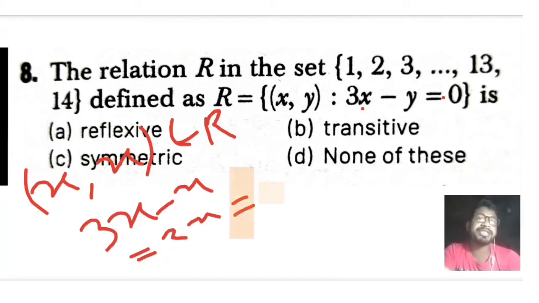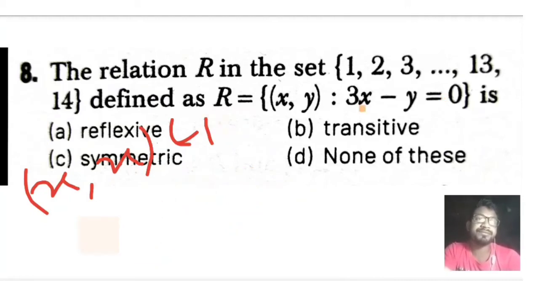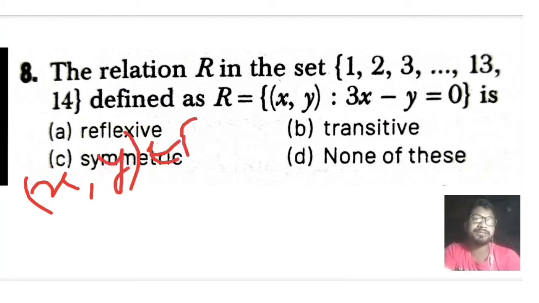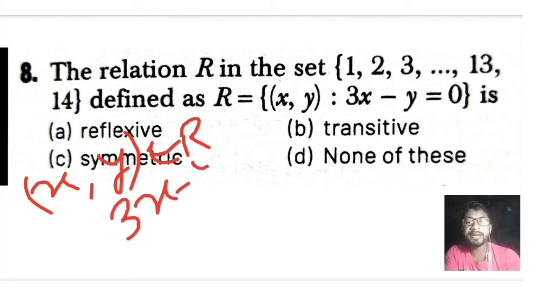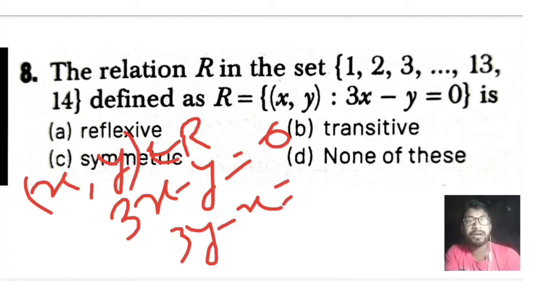Okay, now we have to check symmetric. Now take an element (x, y) belongs to R. If (x, y) belongs to R, then 3x minus y equal to 0, then we have to prove 3y minus x equal to 0, but it's not possible.